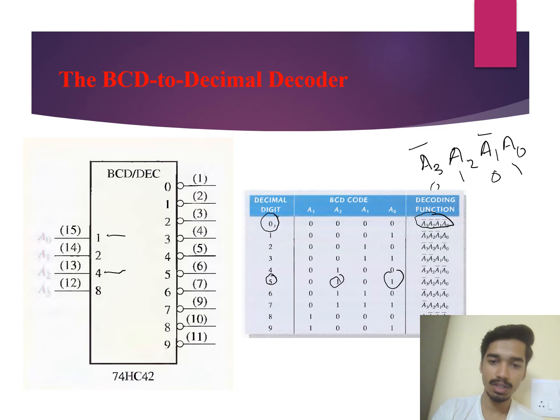Let's take the same for 9. 9 will have 8 and 1 as the sum. 8 and 1 will be 9, so 1001. So we'll remove the bar from here, and this will represent the decimal number 9.